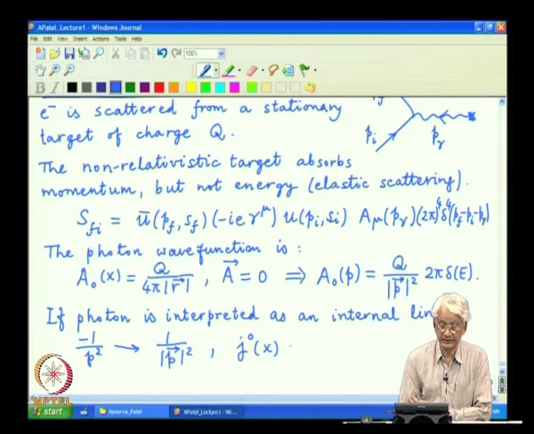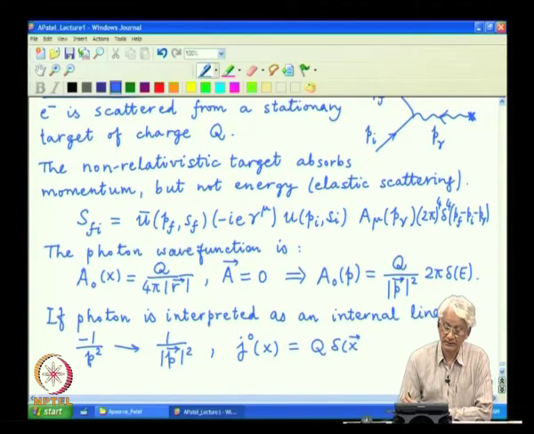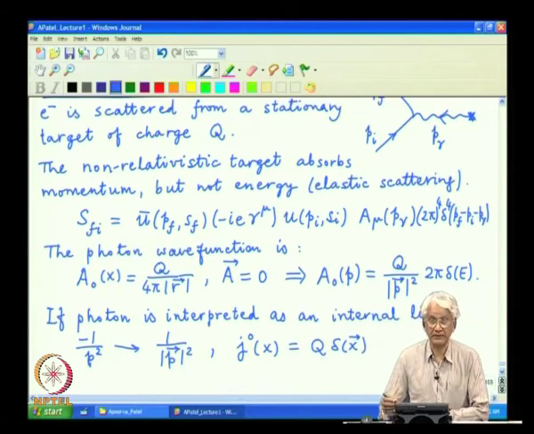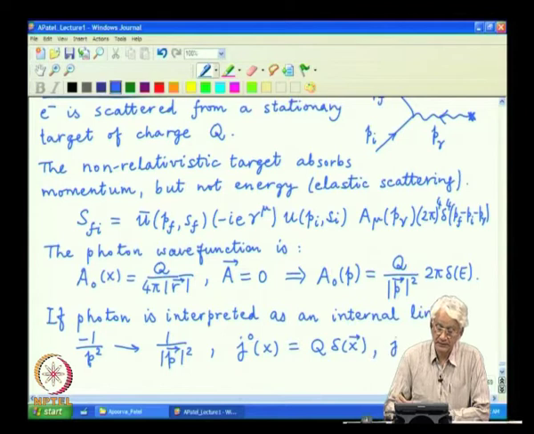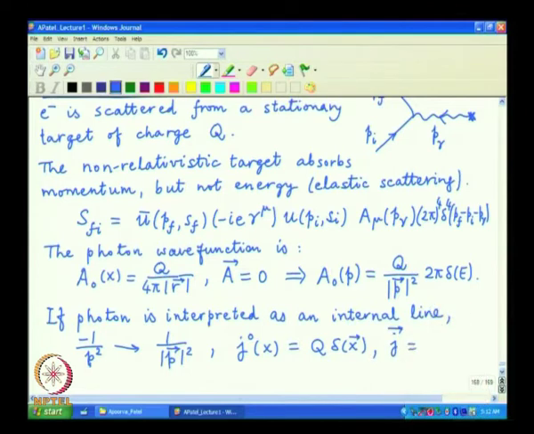That source is the current, and that can now be taken as q times delta function at, say, position r equal to 0, and the space part of the current is 0 as well. So, one can do that, and then one transforms this delta function to momentum space. It just becomes 1, but the factor of 1 over p square, which was there as the Fourier transform of the 1 over r potential, now comes from the propagator, and the final answer is the same.